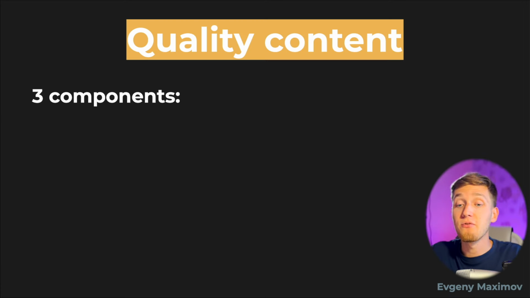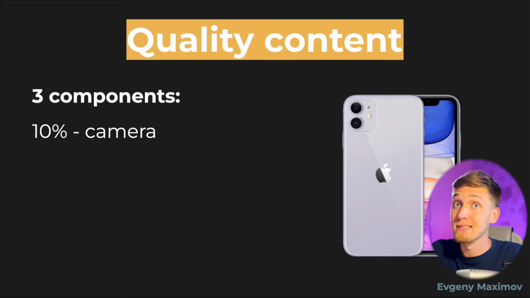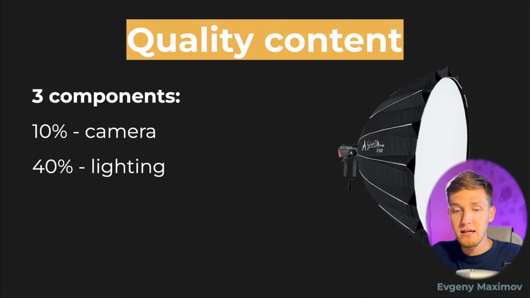So let's speak about 3 components of quality video content, and the first one is our camera, and it's just 10%. Yeah, it sounds strange, but without decent light, you will have nothing. I'm using this professional light that costs around $300, but I'm lighting myself using this cheap light, which costs like $10.